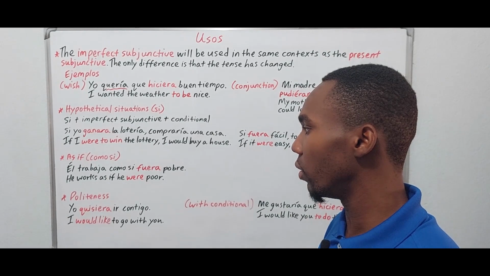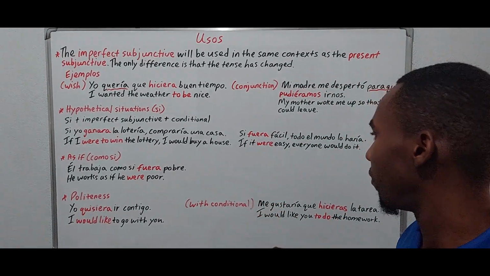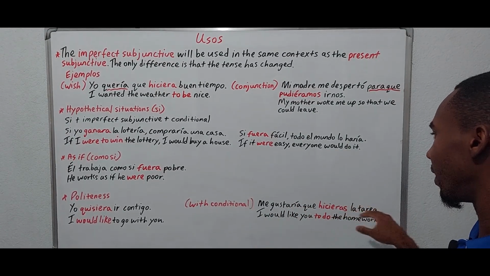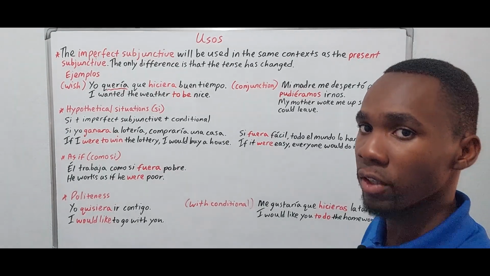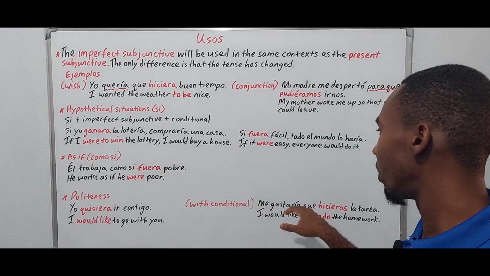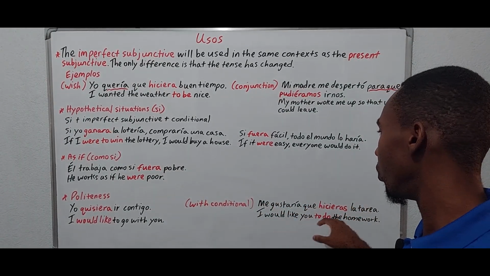I would like to go with you. And when we use it with the conditional, we would have me gustaría que hicieras la tarea, because you use the imperfect subjunctive with the conditional, right? Me gustaría que hicieras la tarea. I would like you to do the homework.